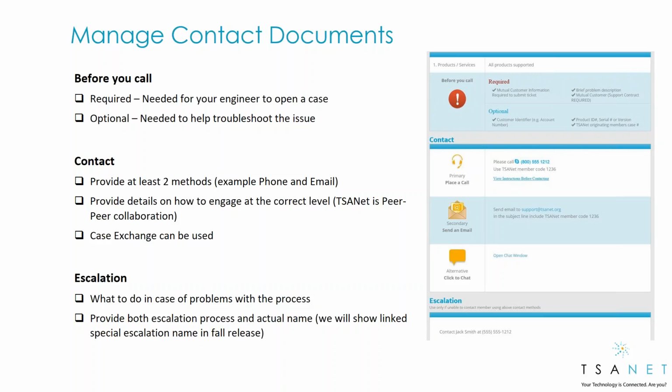From a best practices perspective, we would prefer for you to have at least two methods in there. It could be phone or email. It could be you're giving them access into a different system or whatever, but we really like to have at least two in case one of them changes and it doesn't work. We'd like to have another one.